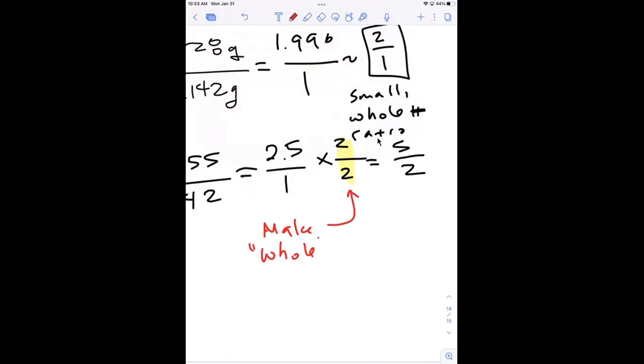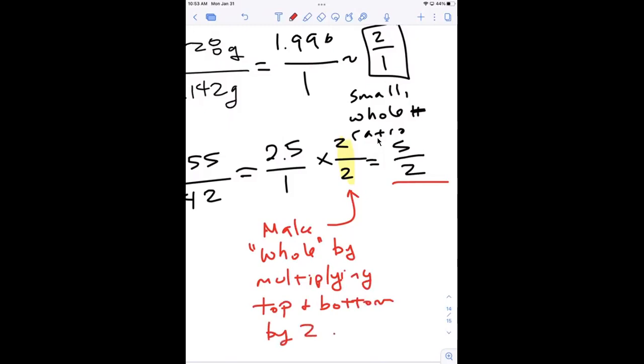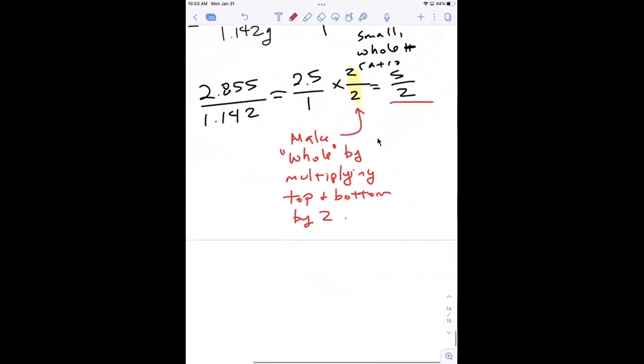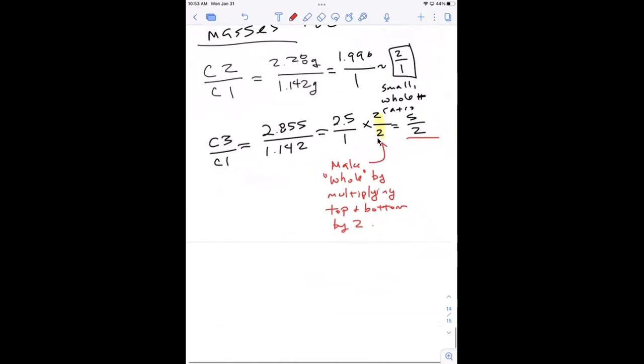Because the goal again is to check to see if you get small whole number ratios, which you do. 5 to 2 is a small whole number ratio. So top and bottom by 2, and you're going to get a small whole number ratio of 5 to 2.